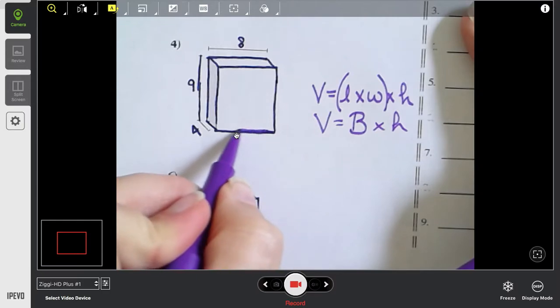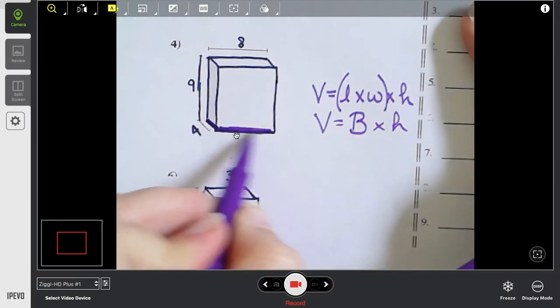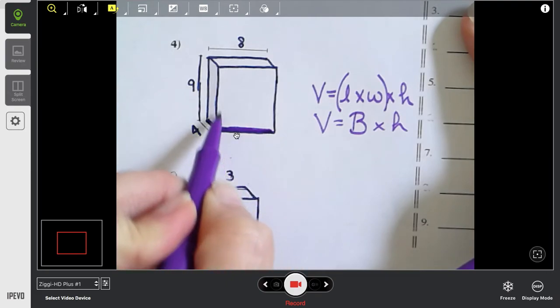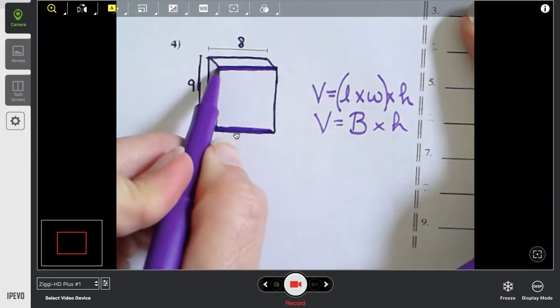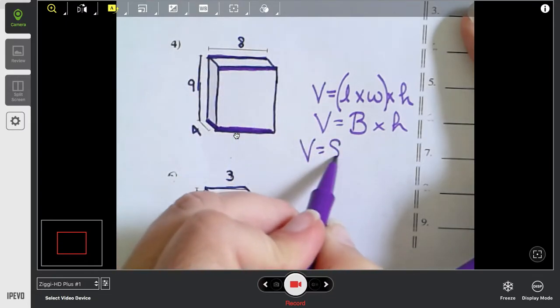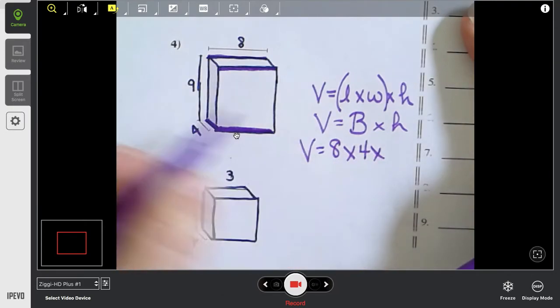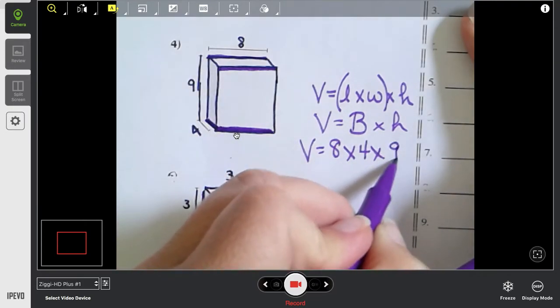So for this one, I have length times width, the bottom. The length of this rectangle, if it's not labeled here, I just look, since it's a rectangle, opposite sides are equal. So this length of 8 would also be that one. So I have 8 times the width, which is 4, times the height, which is 9.